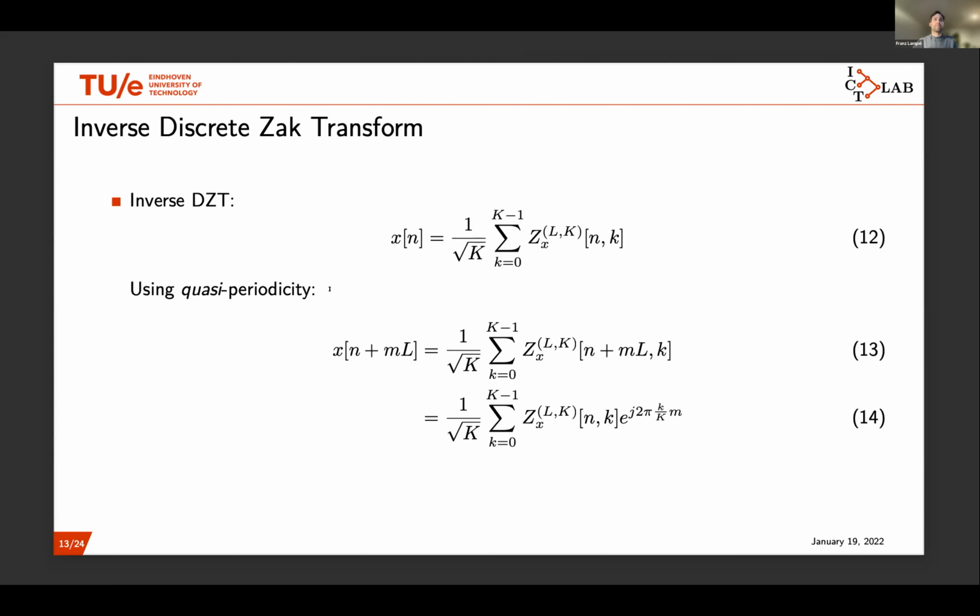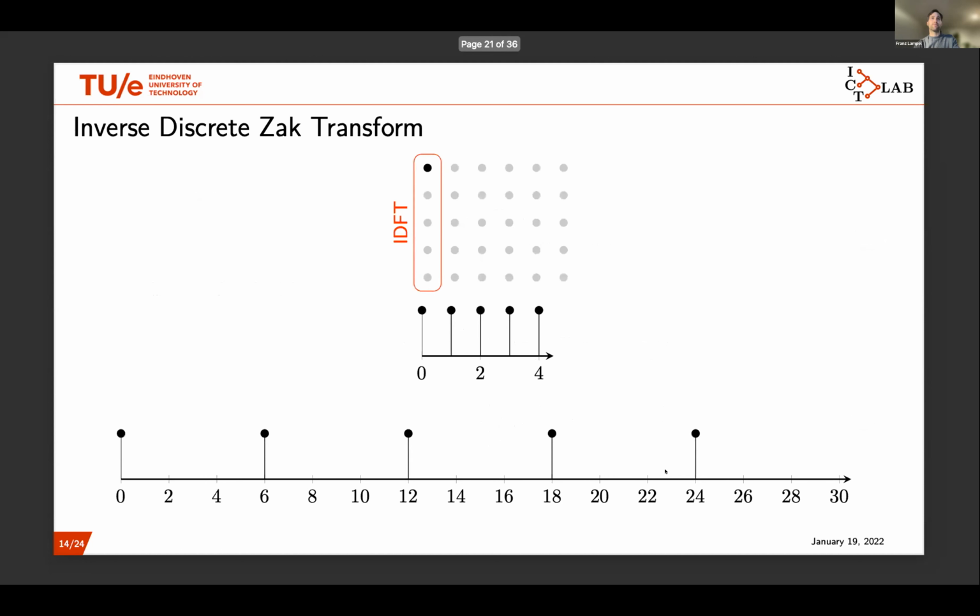And if we use the quasi-periodicity property, we can simply express the sequence in this form here. It might look a bit complicated, but it is quite intuitive to look at.